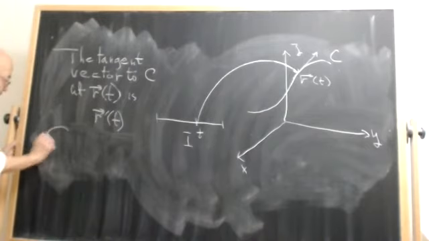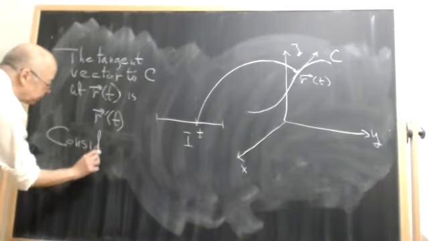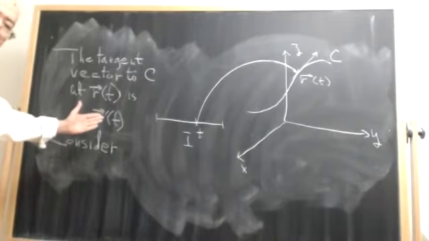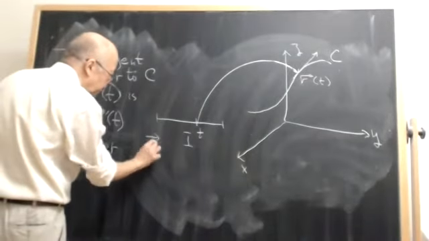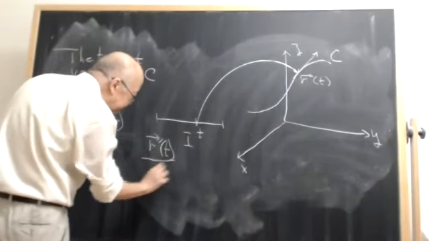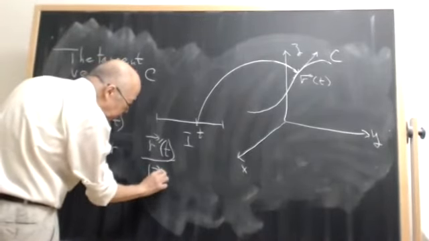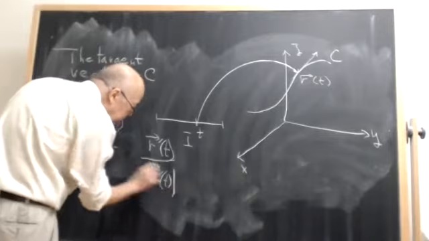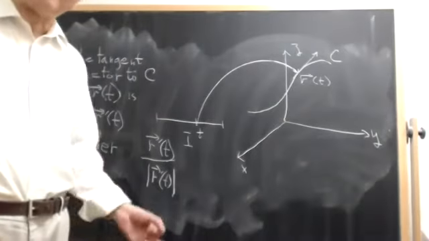Let's consider this tangent vector, and I am going to divide by this length. In other words, I normalize the tangent vector.